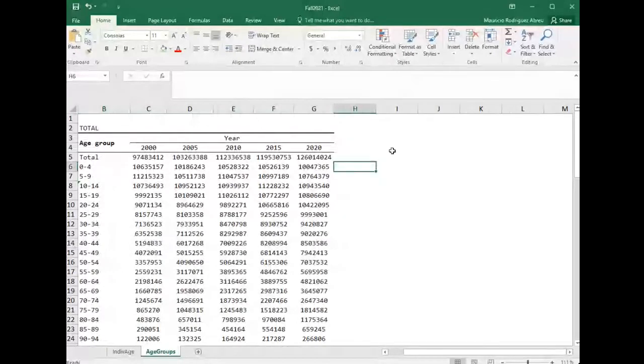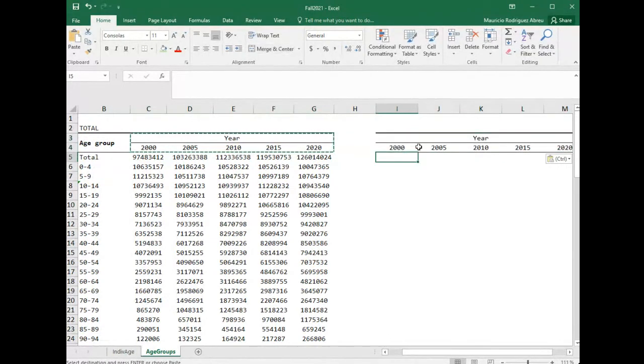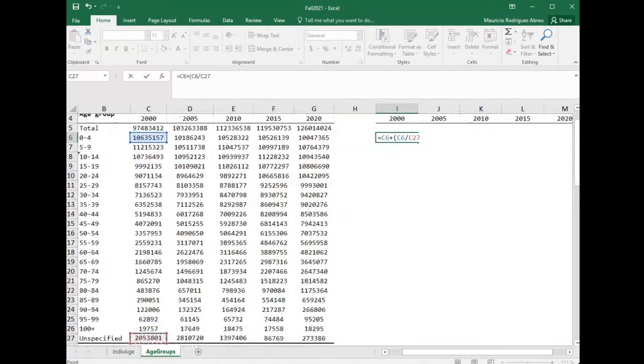I don't know why I didn't save those changes, but I'm gonna do it really fast in here. So this process of prorating our population is just taking into account the proportion that each group represents in the total population. And that's it.